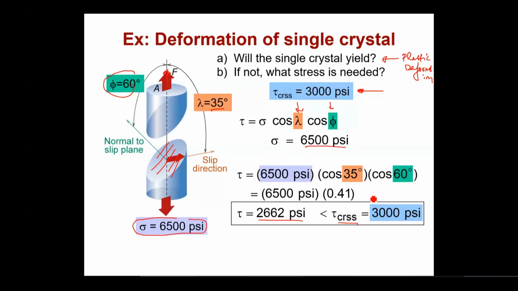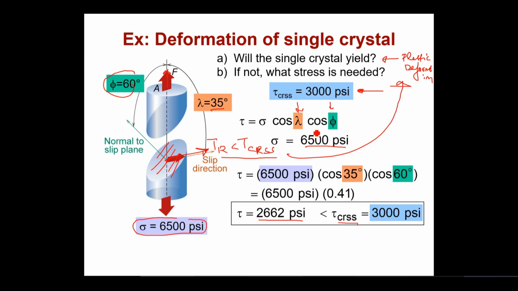No sir, because the value is less than that. Yes, absolutely. So the shear stress that resolves and acts in this direction on this plane, the resolved shear stress value is less than the critically resolved shear stress value. So the single crystal will not undergo plastic deformation.